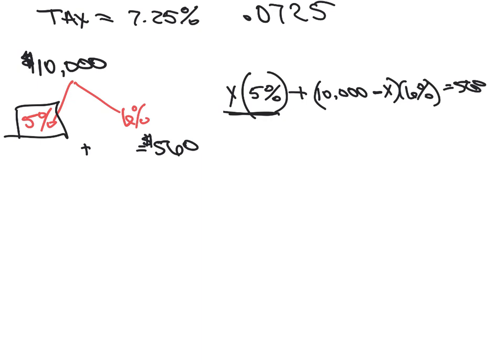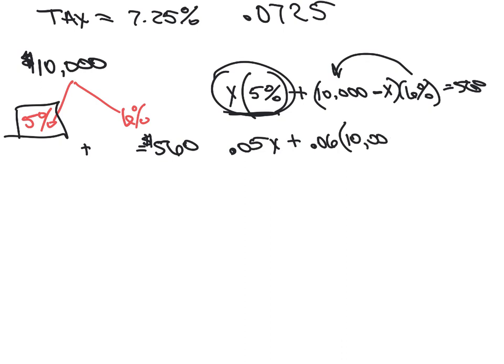So now I change this to a decimal, and I'll put the number first. And I will multiply this times, well, let's just change it to a decimal first before we multiply. Okay, so now I distribute that. 0.06 times 10,000.